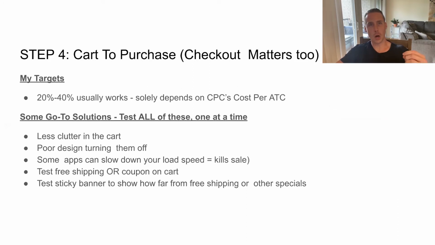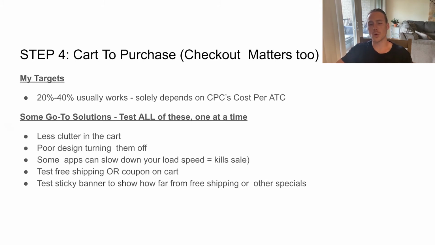If you're getting, here's a good example. If you're paying 50 cents a click or 30 cents a click, and 30% of the people that see the page add to the cart, and then most of those carts drop off, 90% of those carts drop off, right? You still have a good number of people, okay? So all these do vary. There's not like one black and white example of how things need to be, okay?